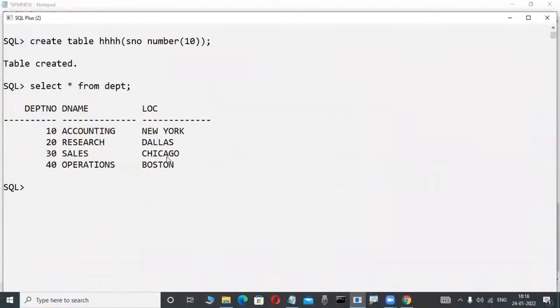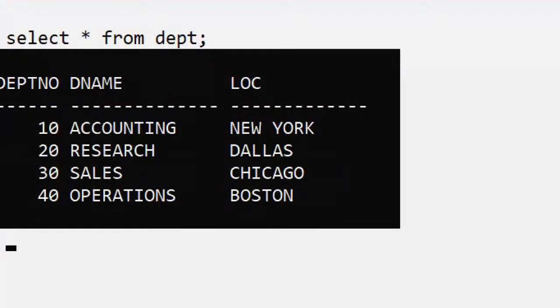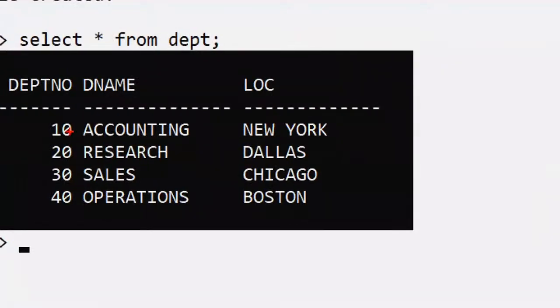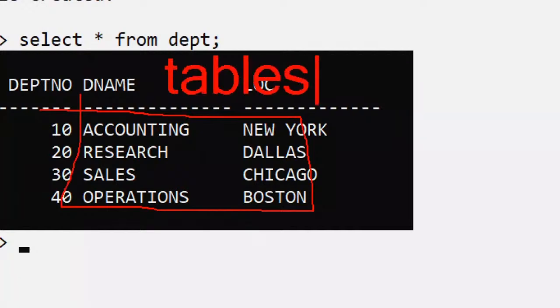But from 1970 onwards, data is represented at a logical structure in a relational data model. Relational data model means data is represented in the format of a matrix. Matrix means nothing but rows and columns, nowadays also called two-dimensional tables. But before 1970, this data model was not there.